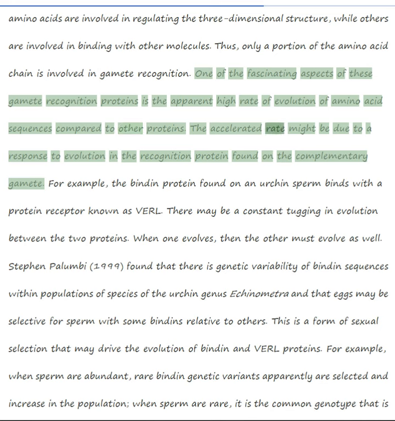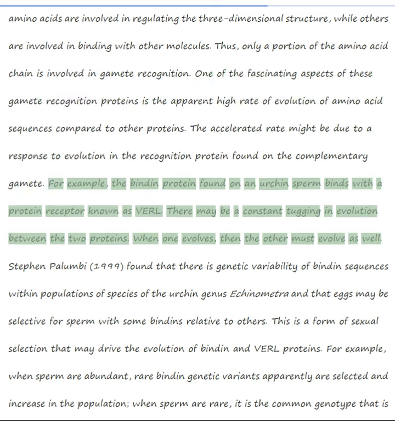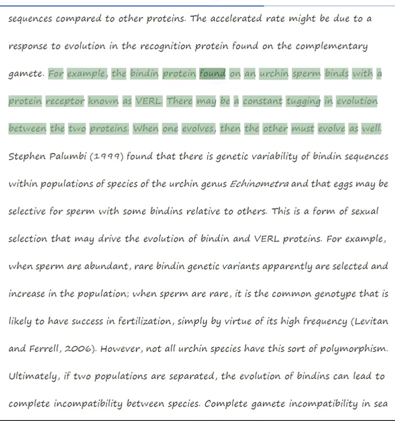The accelerated rate might be due to a response to evolution in the recognition protein found on the complementary gamete. For example, the bindin protein found on an urchin sperm binds with a protein receptor known as VRL. There may be a constant tugging in evolution between the two proteins. When one evolves, then the other must evolve as well.